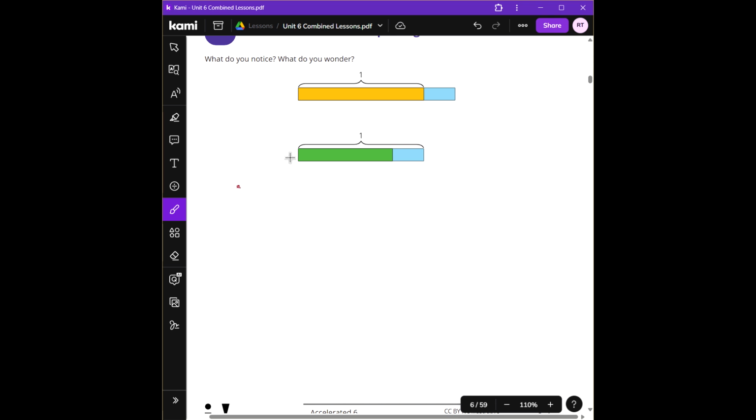In each diagram, two rectangles of different lengths. Okay, so that would be the first one.